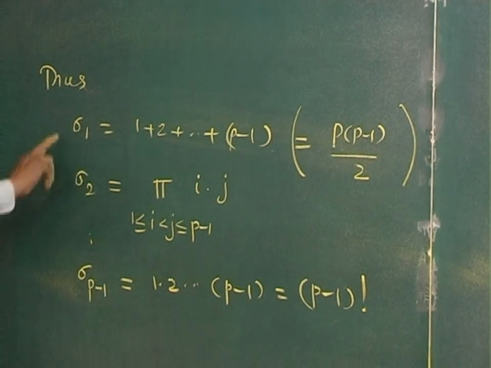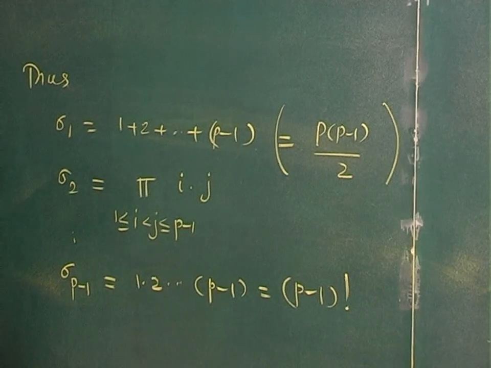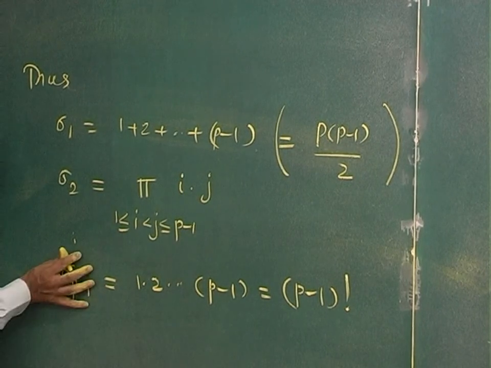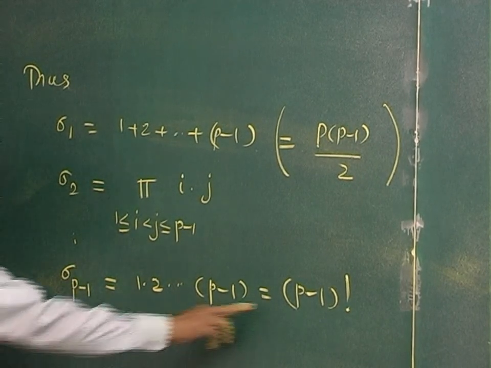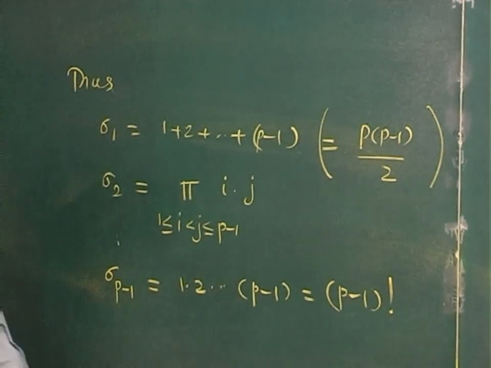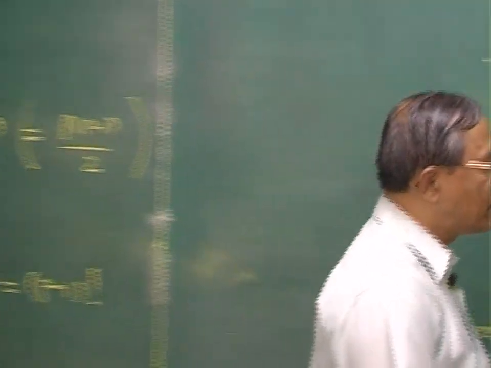So not only is sigma 1 divisible by p, we get all these elementary symmetric polynomials in 1, 2, etc. up to p minus 1 as divisible by p, except this last one, sigma (p minus 1), and sigma (p minus 1) is congruent to minus 1, that is (p minus 1) factorial. So let us call this star.